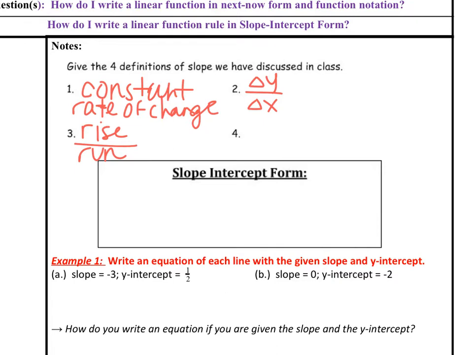Vertical over horizontal. That's the same thing as change in y over change in x. I'm looking at the poster where it says graph, vertical over horizontal. Vertical change over horizontal change. Remember, if you see me put those little triangles, it means change.